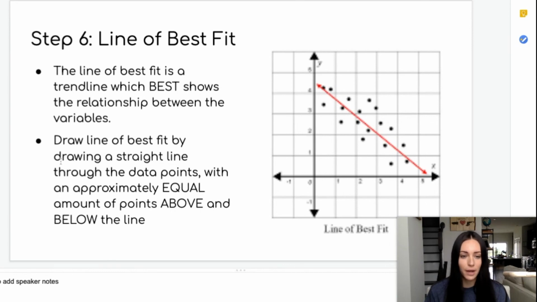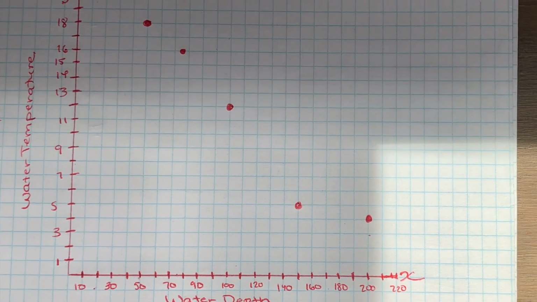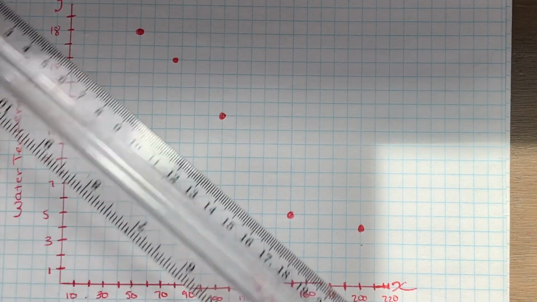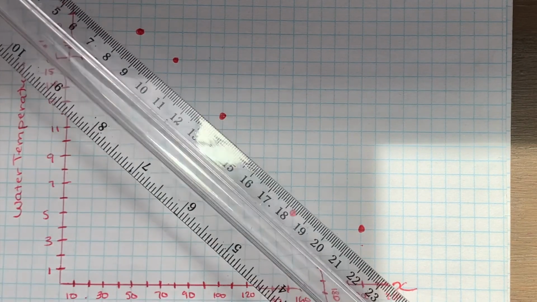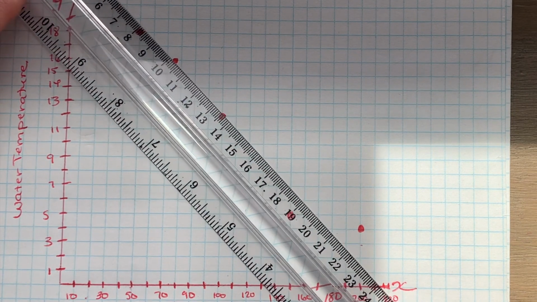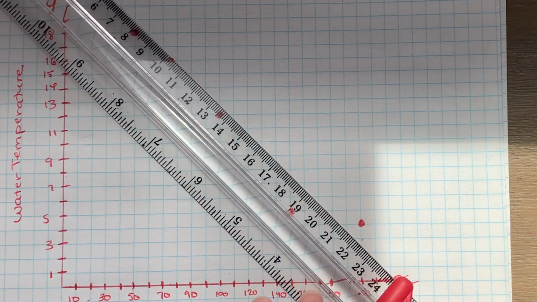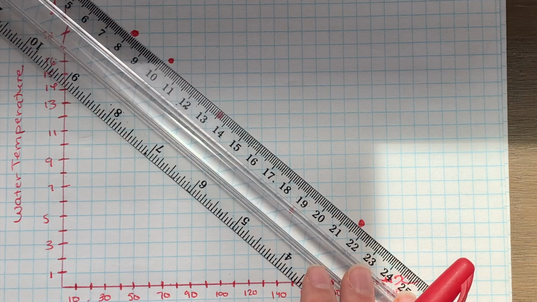Now let's look at what that would look like for our example. As you can see here, we have a set of data that's close, but doesn't follow a completely linear path. In order to find that line of best fit, we want to take our ruler and go through the data points, again making sure that we have approximately the same amount of points above and below the line.